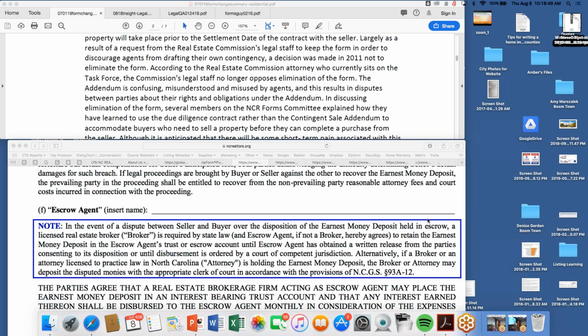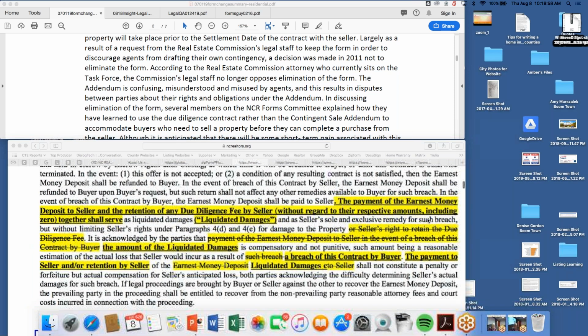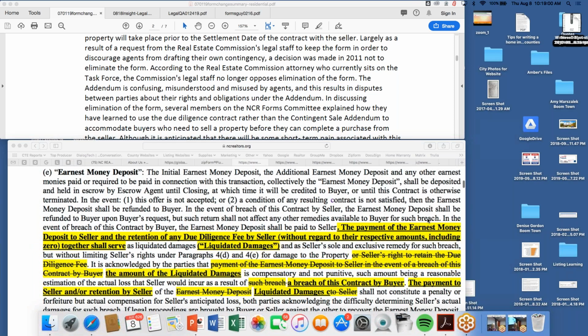So I was popping back up and talking about liquidated damages because that is part of it. Regardless of whether it's contingency or not, if there's a breach of contract, what's happening here in defining it for earnest money deposit is saying that even if the earnest money deposit is zero, that's still okay, from a liquidated damages standpoint.